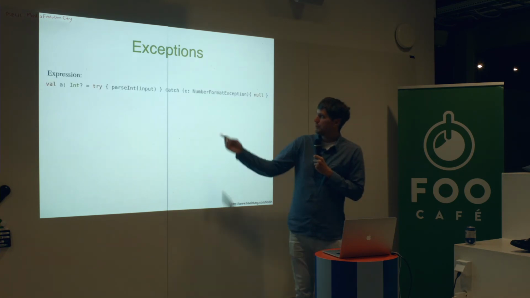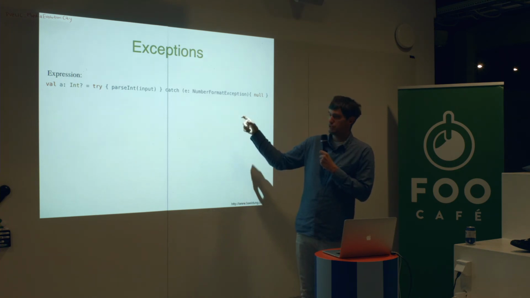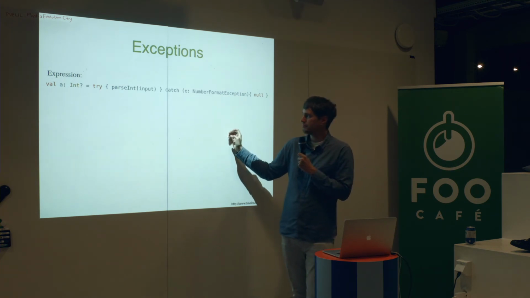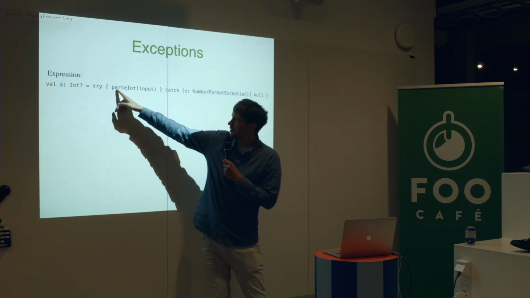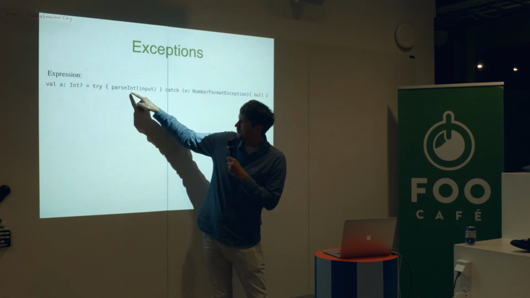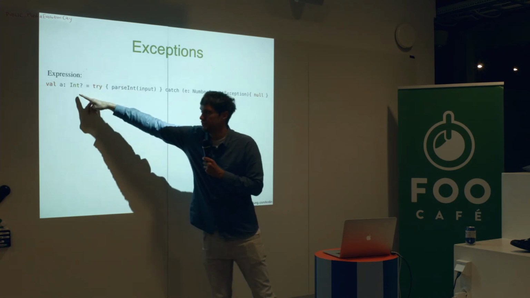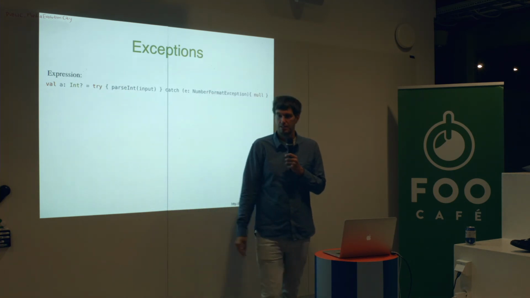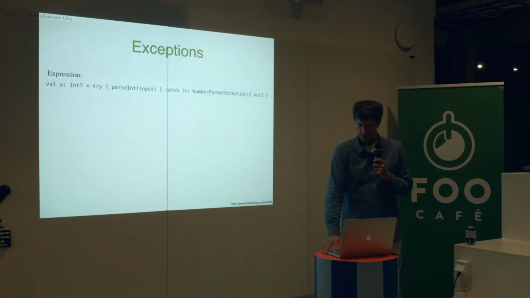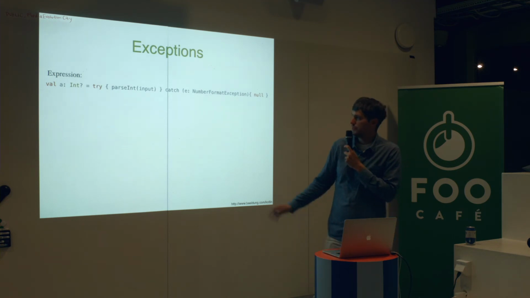Here's an example of a try catch, just to show you that it's an expression again. So here you can see that if this works, what's returned by parse int will actually be returned to A. No, not in this case.